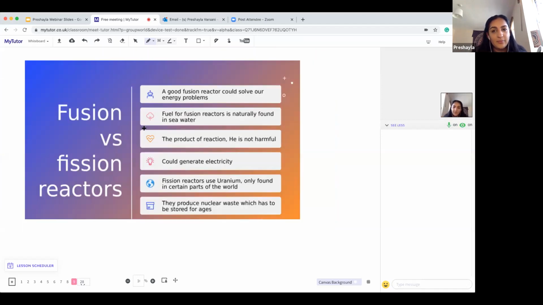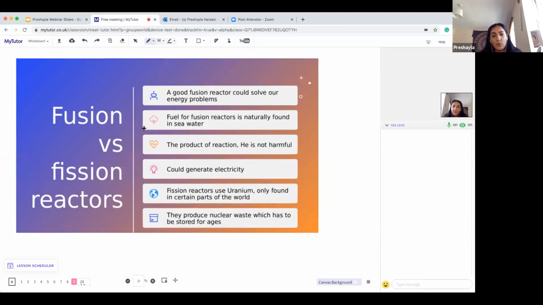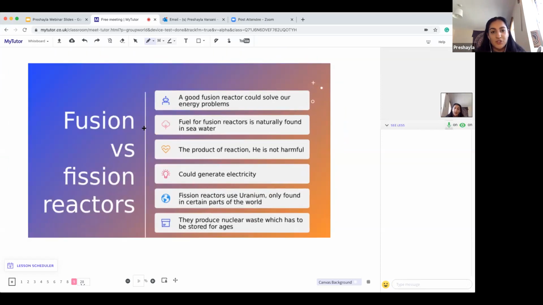Now, a fusion reactor, although it's not really a viable option to create, would actually be a really great way to solve our energy problems, because the fuel needed for them is naturally found in seawater. The product of fusion is not harmful. It's just helium.